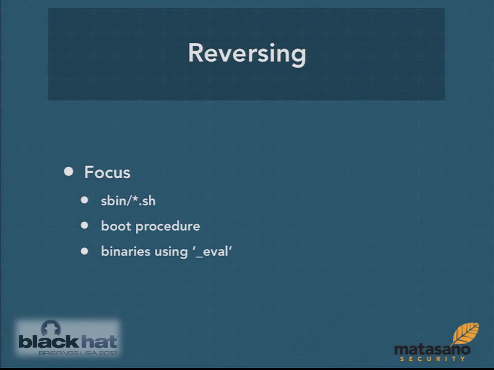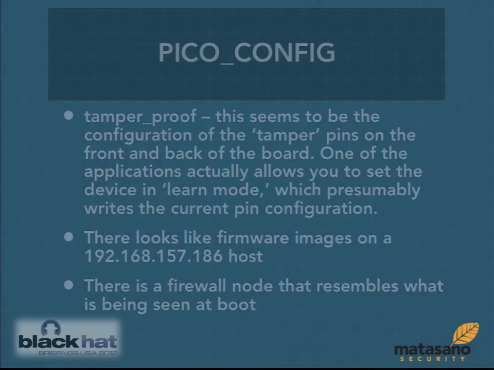First were these scripts that were in the sbin directory, which were part of the boot procedure, and I could relate the strings that were being printed out from there to the strings that existed in the scripts. And then I also found that a lot of these binaries were using eval, which you'll see later directly relates to the boot procedure and these scripts.